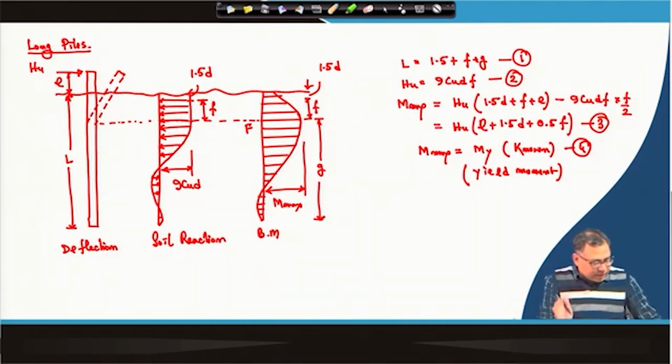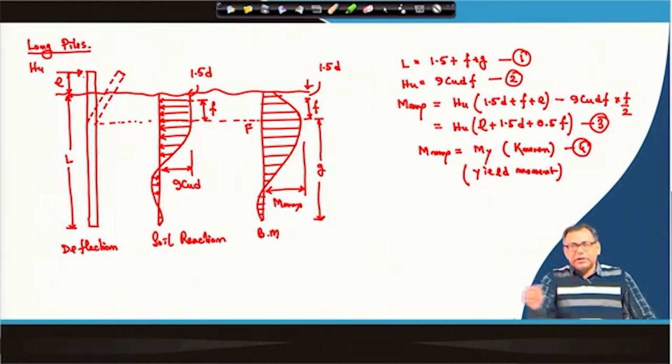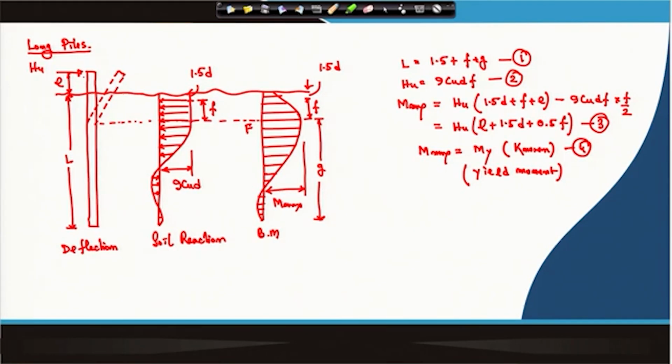So this is for the long pile, and both the short piles and long piles are in cohesive soil and are free headed piles. That means we have not applied any fixity on the pile head. In the next class I will discuss how we can develop similar equations for the fixed headed pile when the pile is within cohesionless soil.